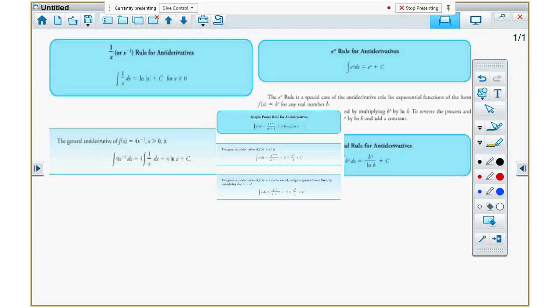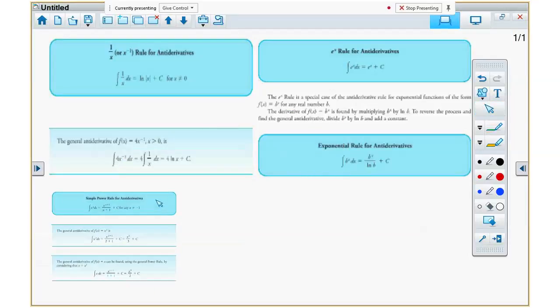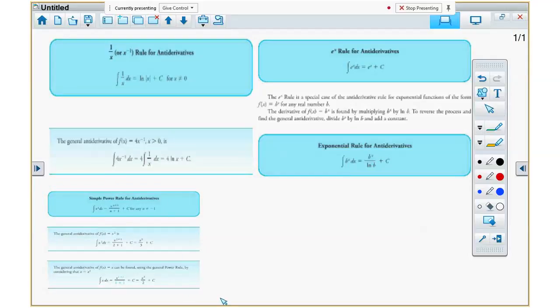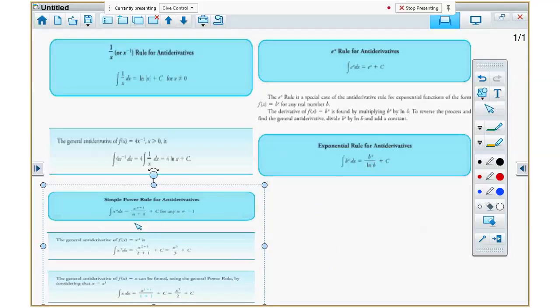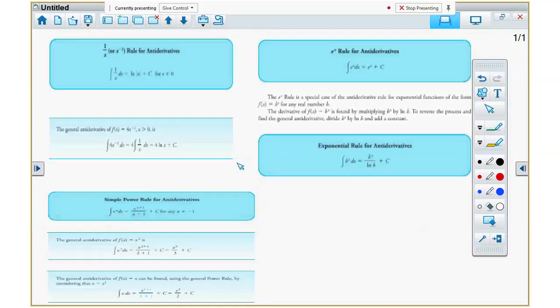This is your basic power rule that we've already discussed. Let me make these a little bit smaller now.